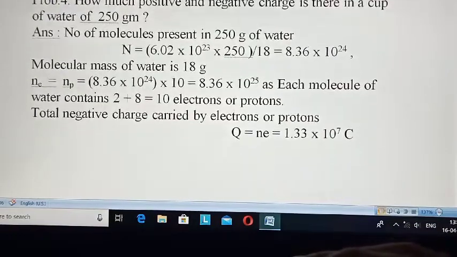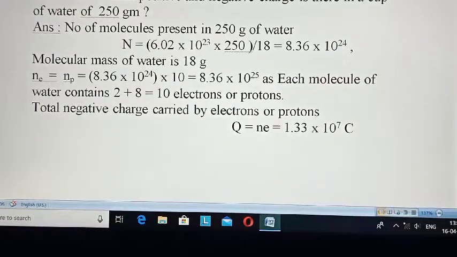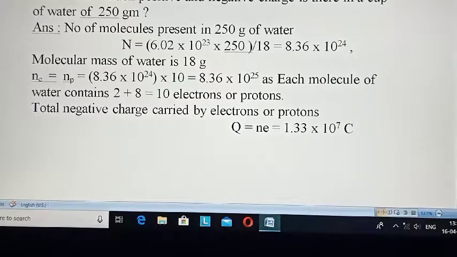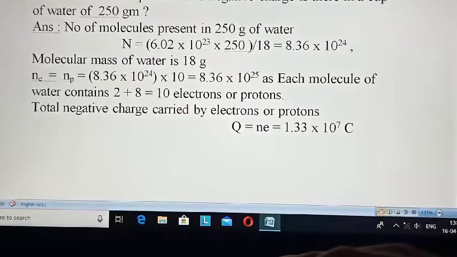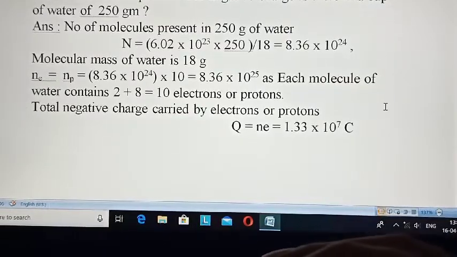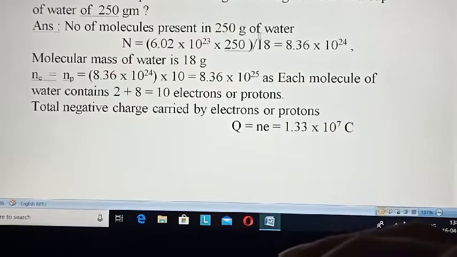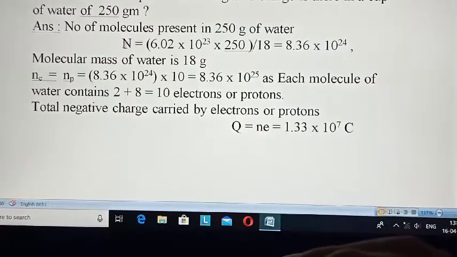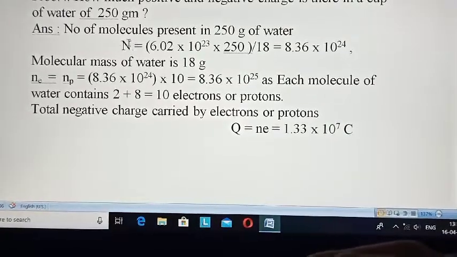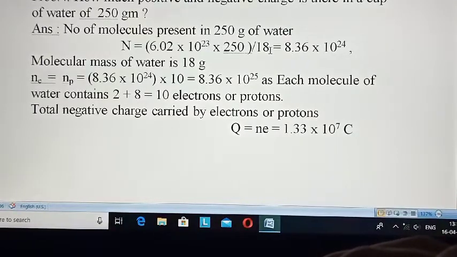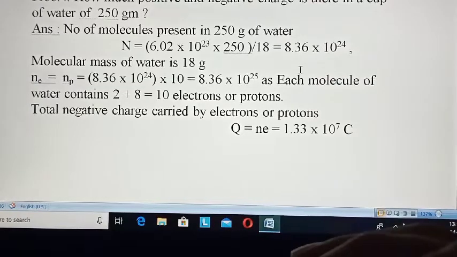Next problem: how much positive and negative charge is there in a cup of water of 250 gram. First you have to calculate the number of molecules present in 250 gram of water. The number of molecules present, capital N I am using, is equal to Avogadro's number into 250 divided by 18, because 18 is the molecular mass of water.